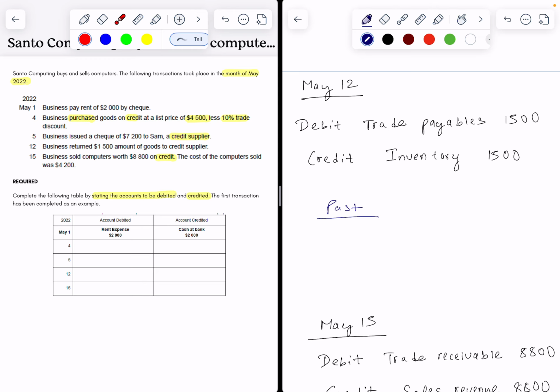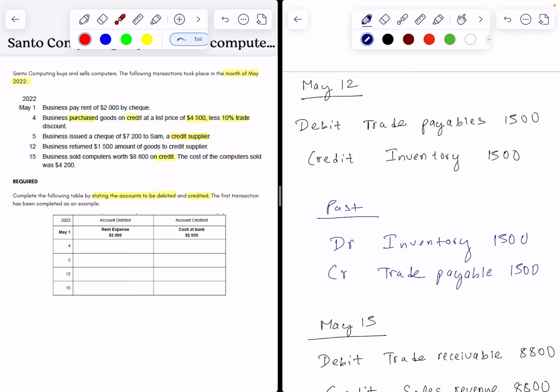And when the goods would have been bought on credit, we would credit the liability account for trade payable by $1,500. Agree? And also, when the goods would have been bought in the past, the assets in the business will increase, which means we would have debited the account for inventory, all right?